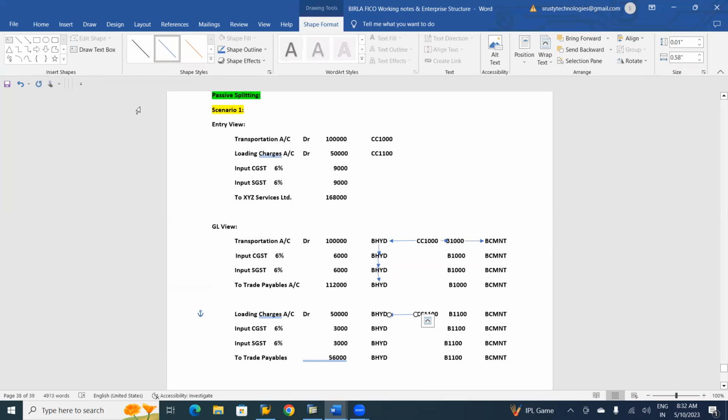So in the CO module, everything will be picked from the cost center: your profit center, your business area, and from the profit center, the segment will be picked.